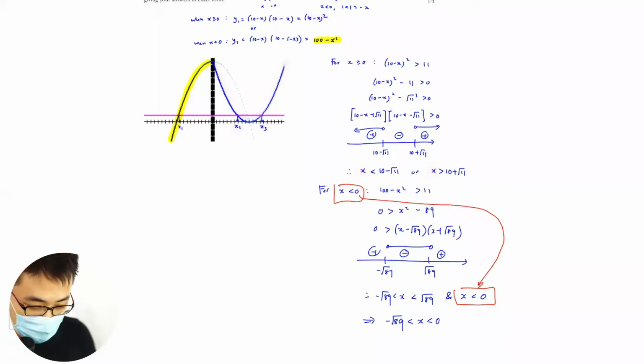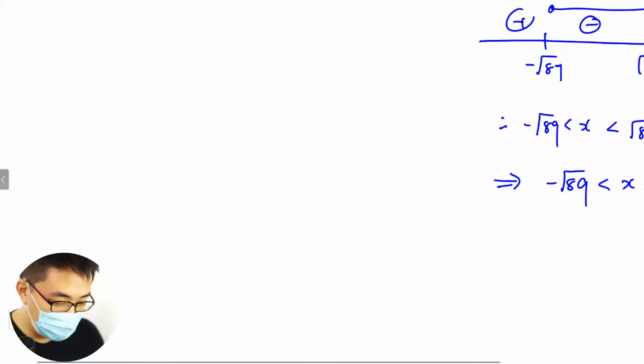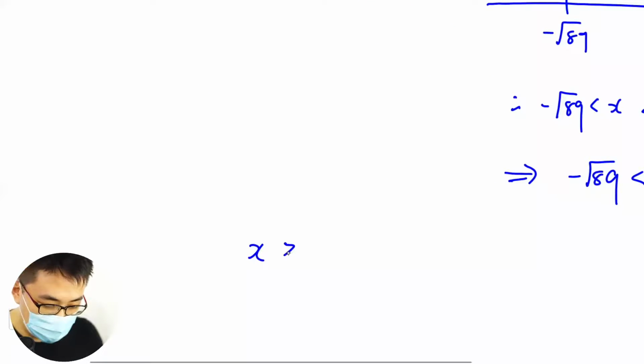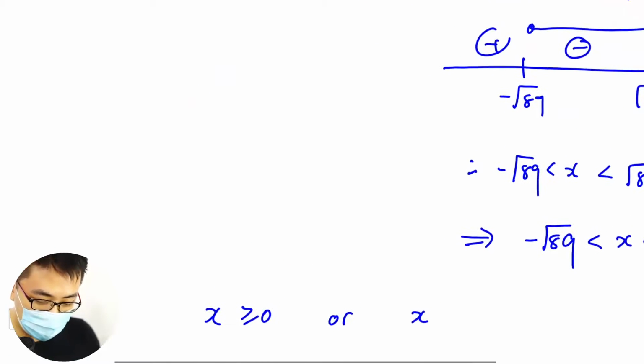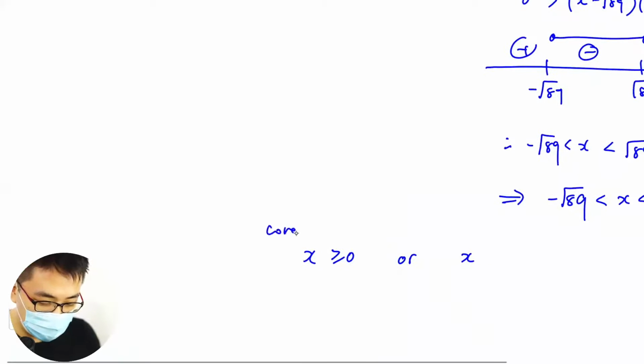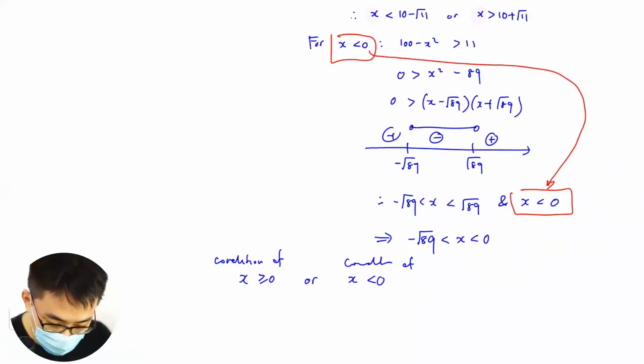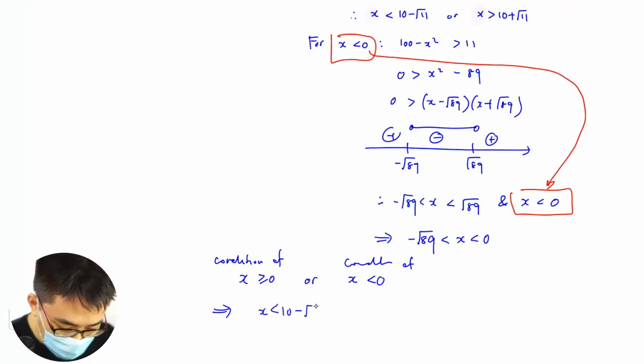For combining the two, you should take the result of x bigger than 0 and marry it with the conditions. You marry them together. So when you combine, it should be x less than 10 minus 11.